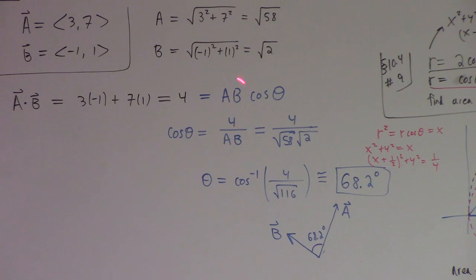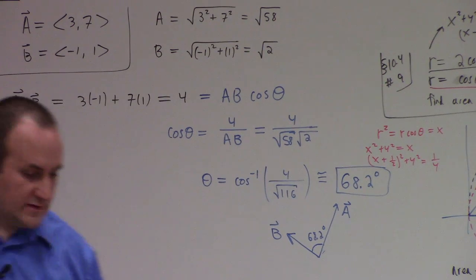The symbol without the vector is understood to be the magnitude here, okay? So there you go. Cosine theta is 4 over AB, which is 4 over the square root of 58 times 2, square root of 2, which, by the way, is 4 over the square root of 116. You could simplify, but who cares? Anyway, the point is, inverse cosine of this quantity is 68.2 degrees. And so there you have it. The angle between the vectors is about 68.2 degrees using the dot product technique.